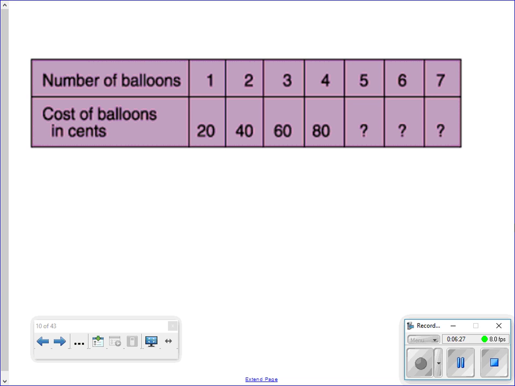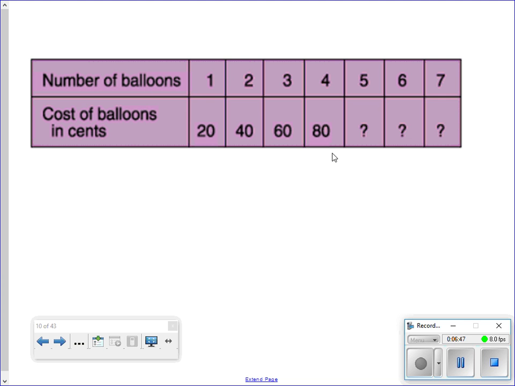You will often see two patterns that have a relationship in a table like this one, sometimes called an XY chart, and we always start with the top and think about what's happening to these numbers to become these numbers. So here I'm recognizing that every number is being multiplied by 20.